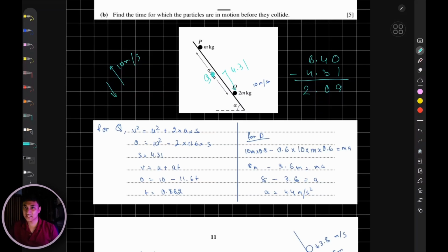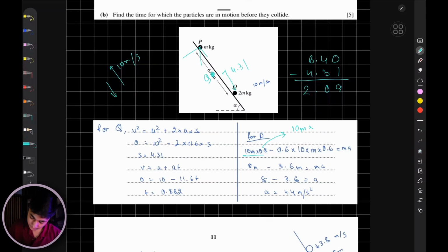You're going to take this, which is the weight component, and this, which is the friction component. So this is your component of weight acting downwards. That is mg, mass is m, and g is 10. So 10m times the component, which is going to be sine alpha, right? Why is it going to be sine alpha, you ask?